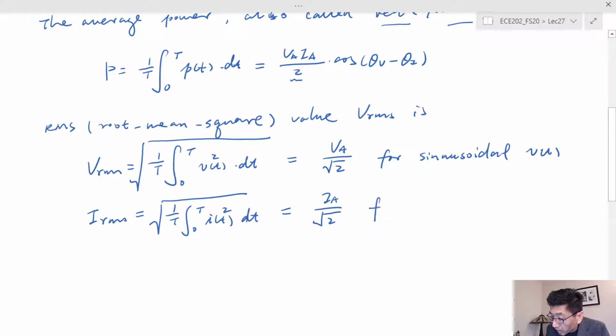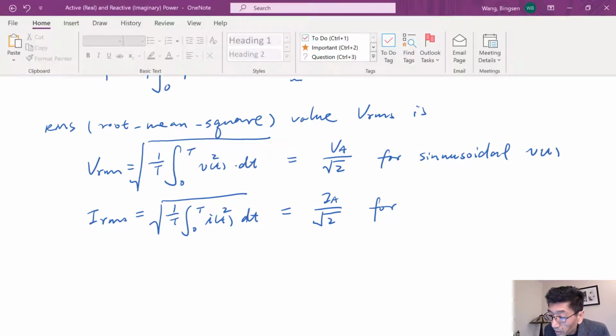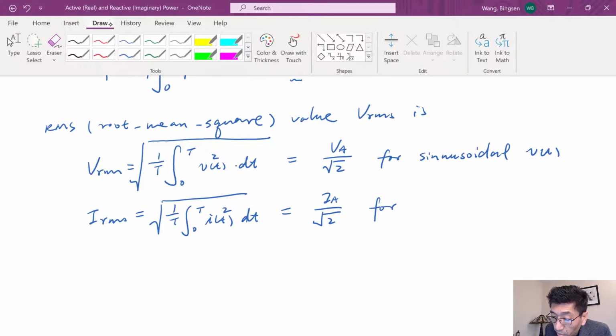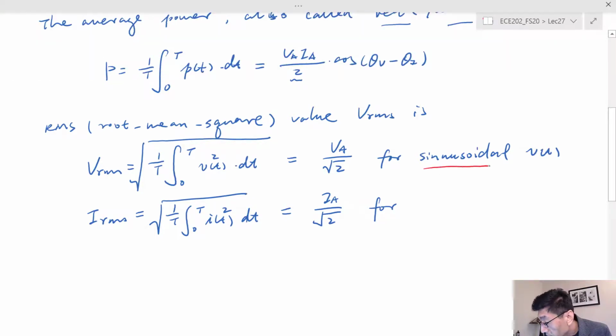This is for sinusoidal, and this is really critical. This is only true if it is sinusoidal. If it is not sinusoidal, you really need to calculate again and see what that RMS value really is.